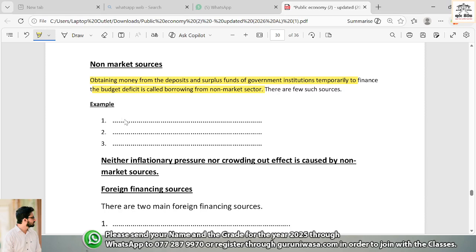Examples, write down. Number one, department savings.